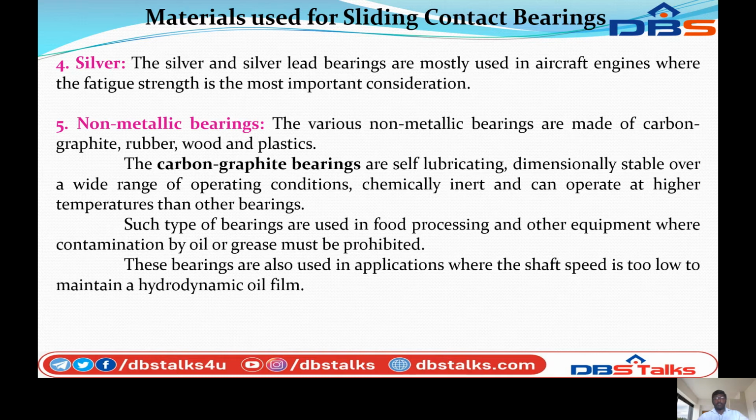Such types of bearings are used in food processing and other equipment where contamination by oil or grease must be prohibited. These bearings are also used in applications where the shaft speed is too low to maintain the hydrodynamic oil films. These are the materials used in the sliding contact bearings.